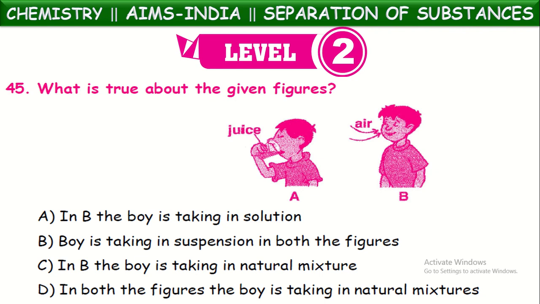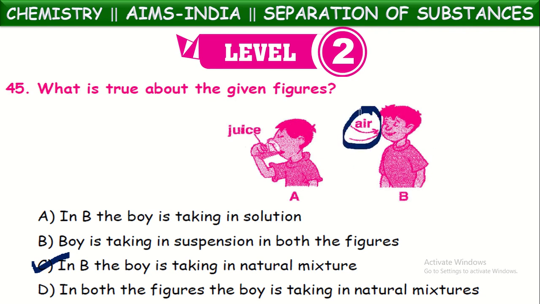Now let us see the options given. In B, the boy is taking a solution. The boy is taking a suspension in both. In B, the boy is taking in a natural mixture. In both the figures, the boy is taking a natural mixture. Which is correct among these all? See here, in B, the boy is taking a natural mixture, isn't it?